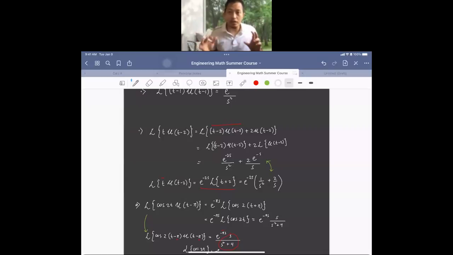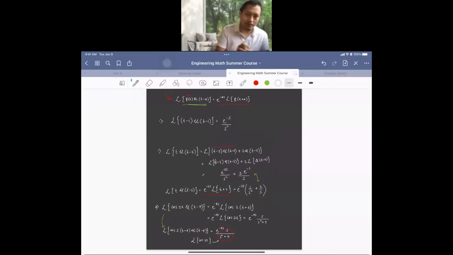But actually it will not be complicated if you have this table, and then you can rearrange as much as you want. So that's my suggestion. Make an A4 paper from your notes just for Laplace, with all the basic Laplace, the translation, and the convolution.